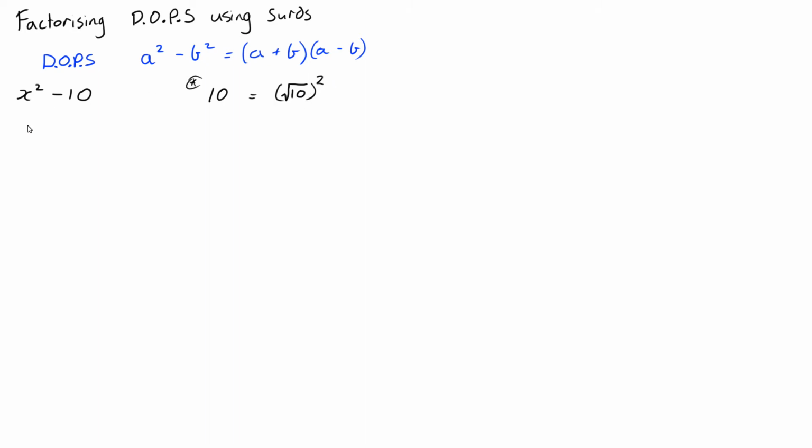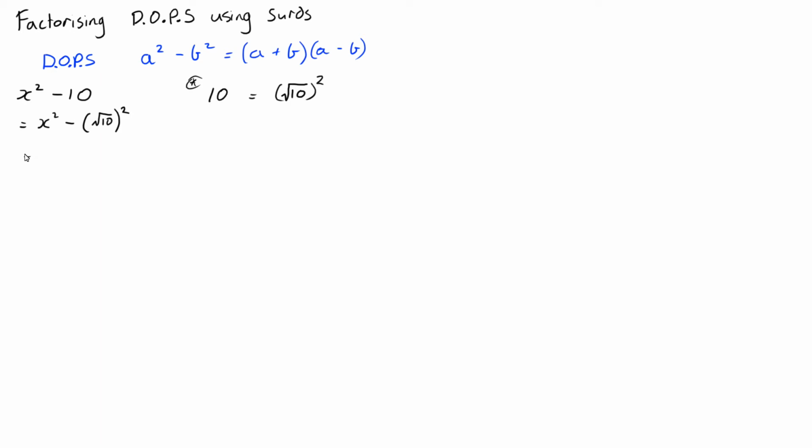So here, where I have x squared minus 10, I'm actually going to have minus the square root of 10 all squared. I'm able to do that because squaring the square root has no effect, they cancel each other out.